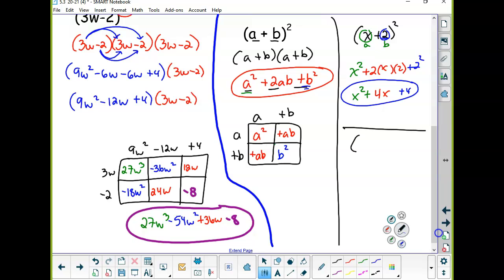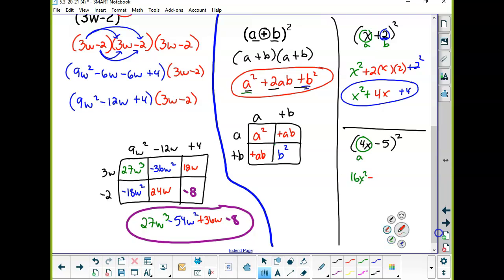All right, really quick. You don't have to write this. What if I made it just a little harder? It's still almost the exact same format. The only difference is I have a subtraction instead of an addition. But I'm still going to do the A value, which notice this whole thing is A. So I'm going to square the A. 4 squared is 16, and then x squared.